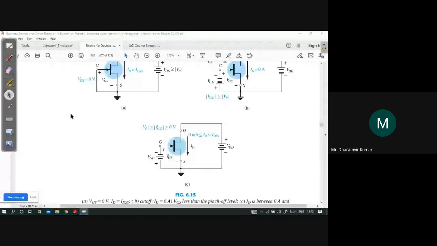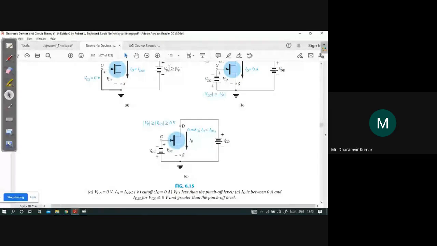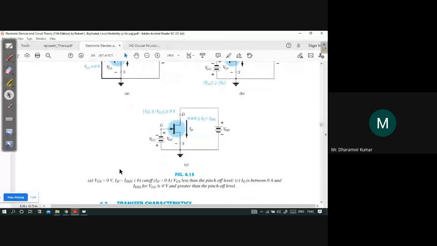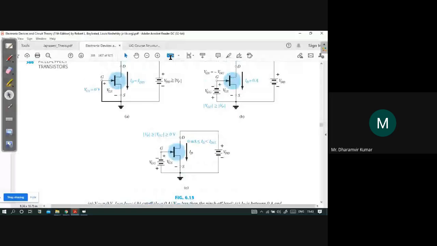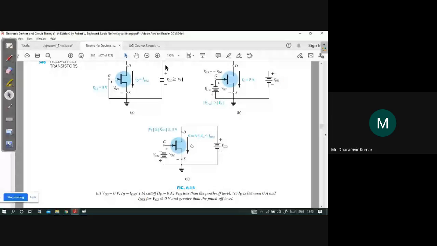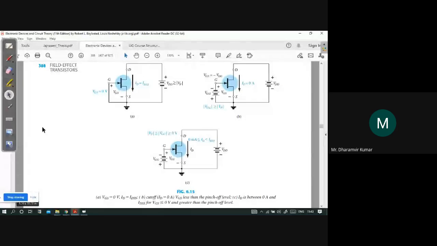So what they have given here, let me just go through this quickly because these things we have already seen. Here in figure A, VGS is 0 voltage.